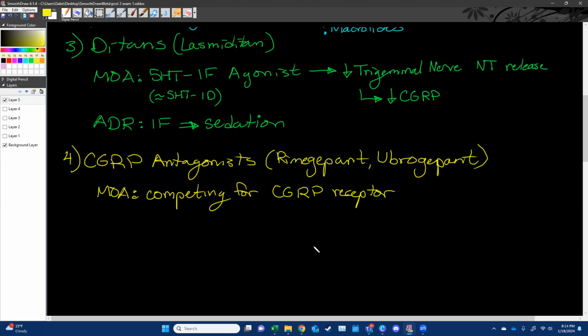So what ends up happening here is that the CGRP antagonists that are used as abortive agents, specifically rimegepant and ubrogepant, are competing at the time that the migraine is happening, right?